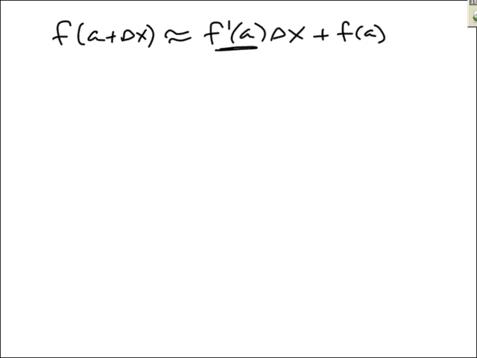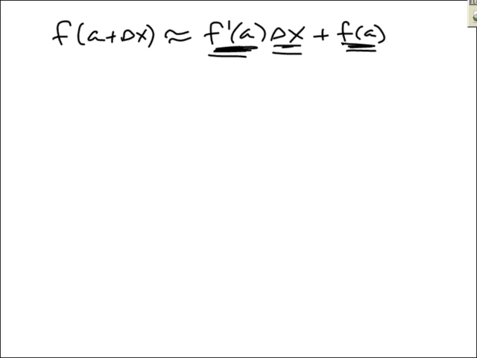Which means we need to find three things: f prime of a, delta x, and f of a. You might want to say fourth: we have to find out what a is. Once we have those three pieces that I underlined, we have the answer. You multiply f prime of a by delta x, and then add f of a to that.